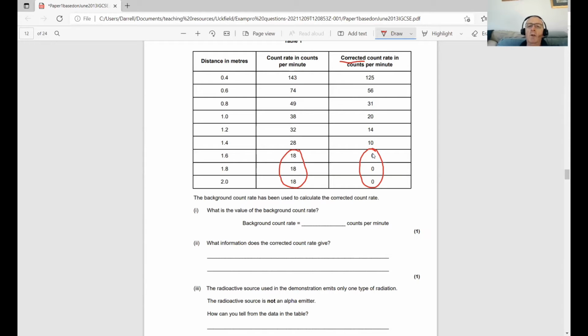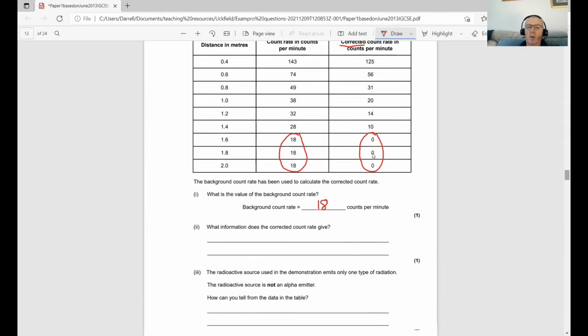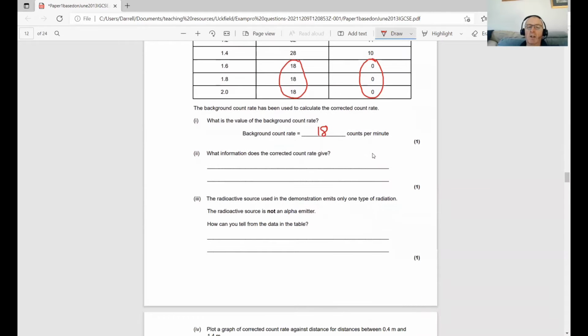So we have corrected count rate, and distance. What is the value of the background count rate? Well, we've established that it is 18 counts per minute. We're also perhaps remembering that counts per minute is not the SI unit; it would be counts per second, becquerels, that's the activity.